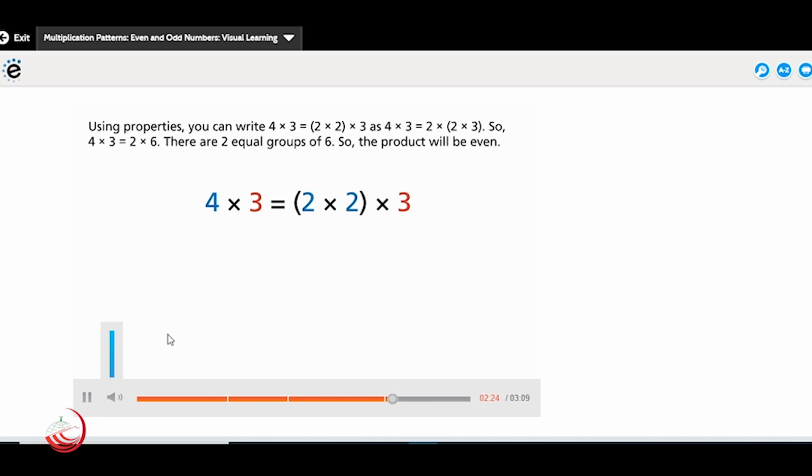Using properties, you can write 4 times 3 equals 2 times 2 times 3 as 4 times 3 equals 2 times 6. There are 2 equal groups of 6, so the product will be even.